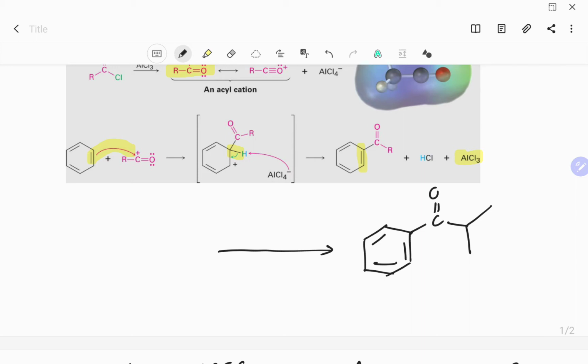Of course you will start with benzene. There is nothing attached to benzene in the beginning. And then this is your product. The only difference between the product and the carboxylic acid halide is that instead of benzene you will have a halogen, or chlorine in this case.